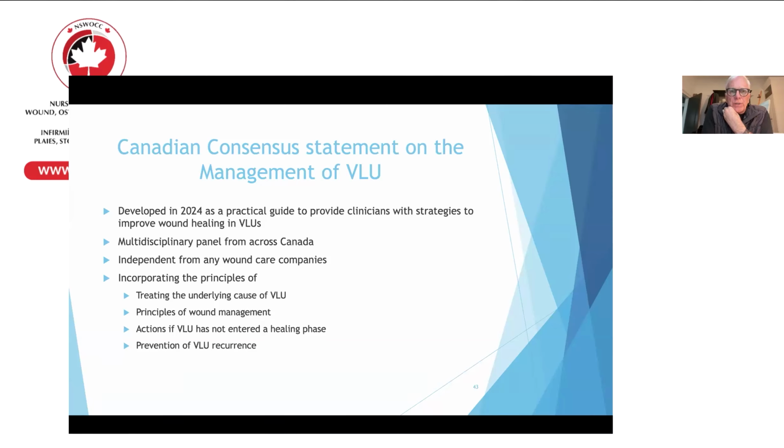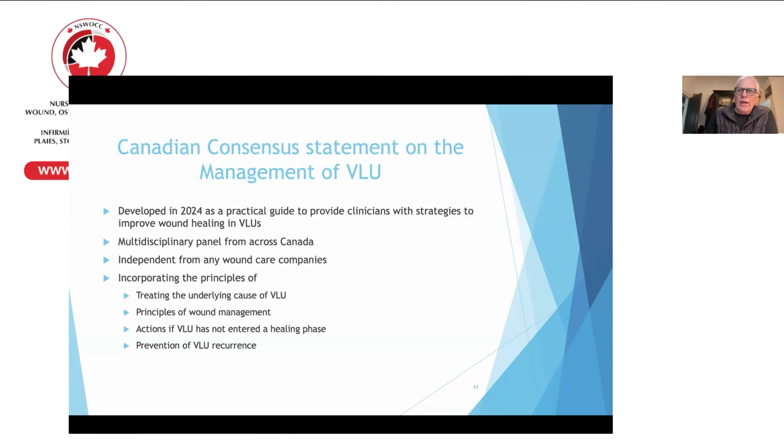We got a group together in 2024 to look at what is a good Canadian consensus on the management of venous leg ulcers. So it's a multidisciplinary panel, and it was really trying to look at the principles of treating the underlying cause of ulcers, the principles of wound management, actions if the ulcer's not entering the healing phase, and also how to prevent recurrence.